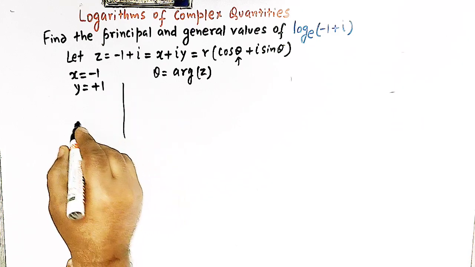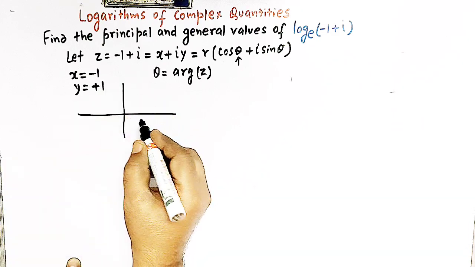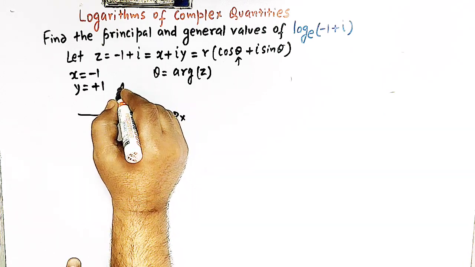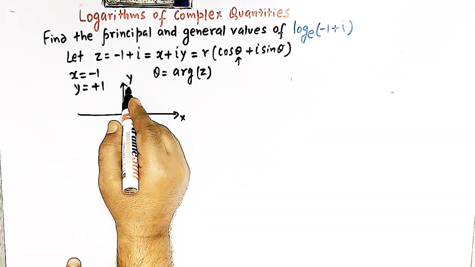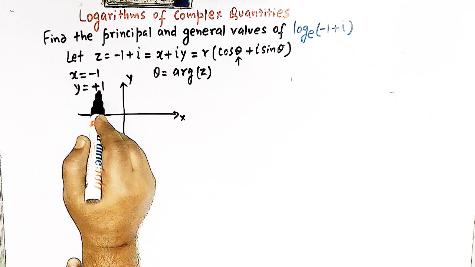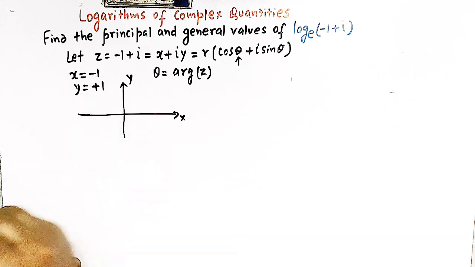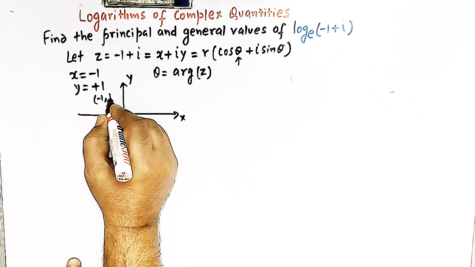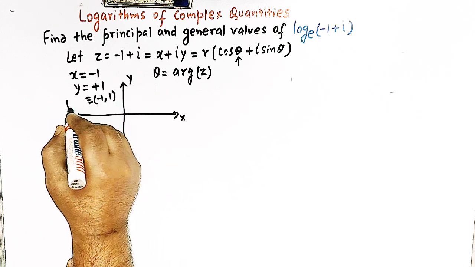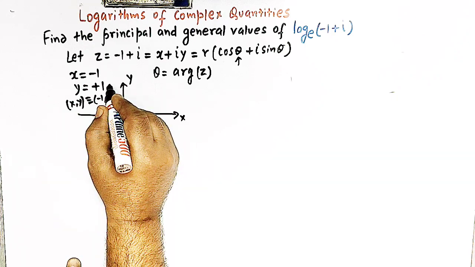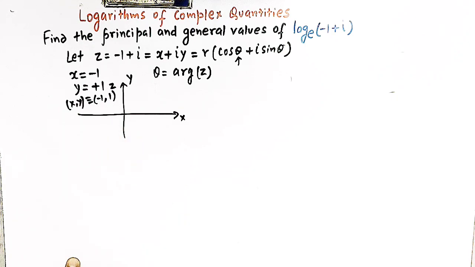And if we see the complex plane here, this is the real axis, this is the imaginary axis, and this point, that is minus 1 comma 1, it lies in the second quadrant. So here we have minus 1 comma 1, that is x comma y. So our complex number z lies in the second quadrant.